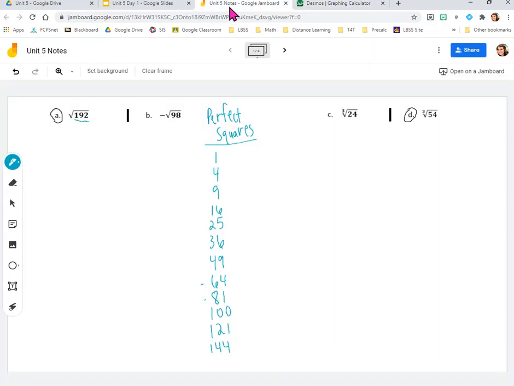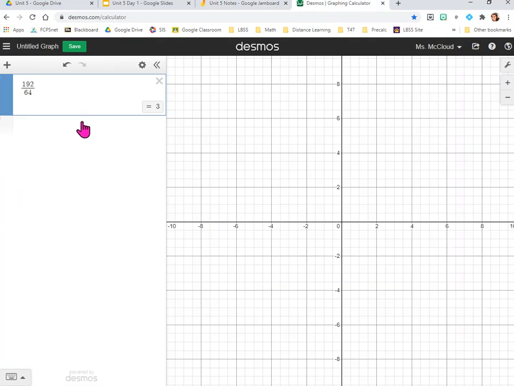So I'm going to rewrite this as 64 times 3. Then I can simplify that as the square root of 64 times the square root of 3. The square root of 64, we should recognize as 8, but if you're not sure, you can always type it in. If you type SQRT, it makes the square root, and we can verify that it is 8.